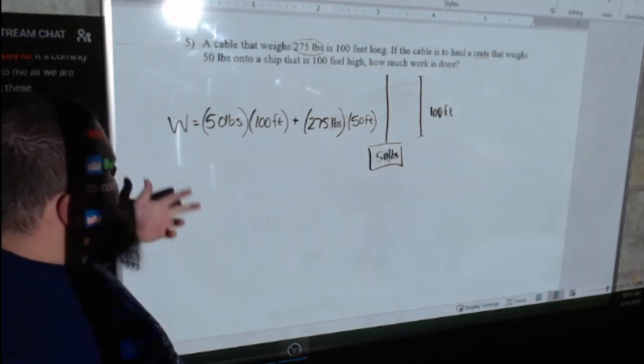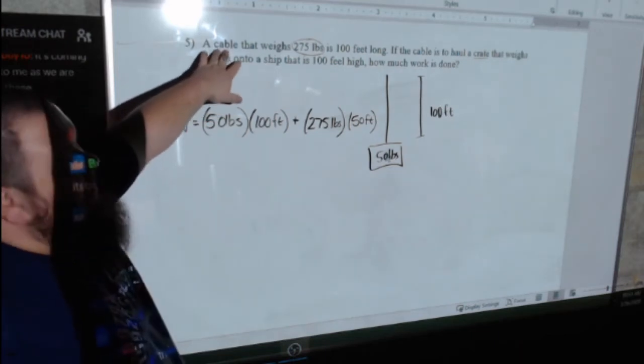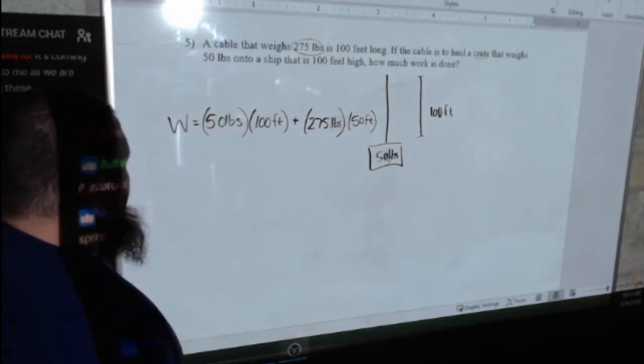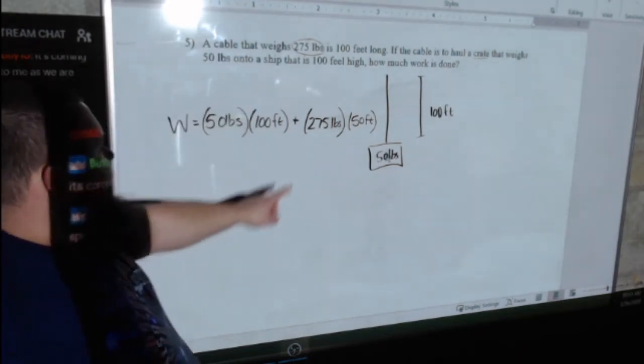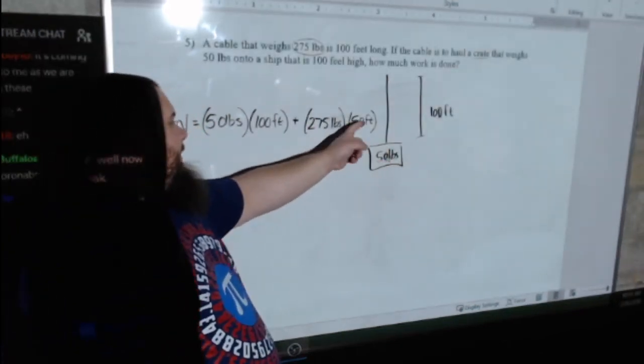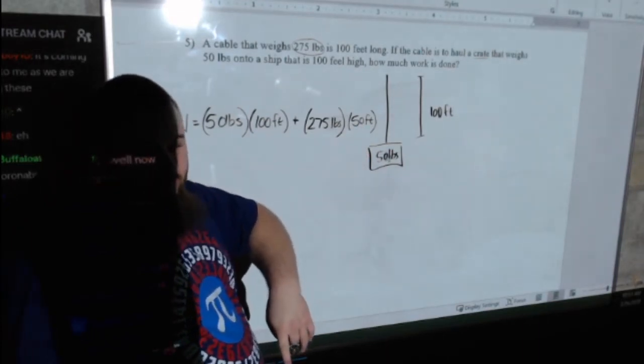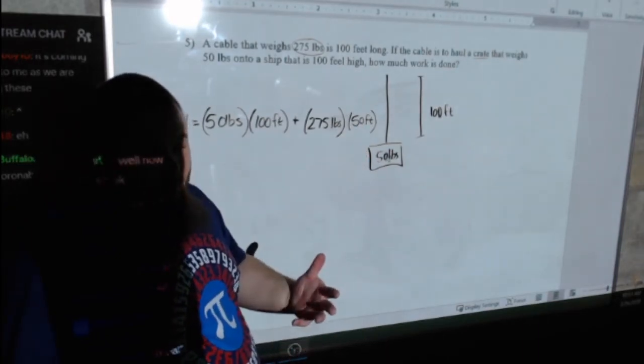Remember all the problems we did before, they gave us the density of the cable or chain or whatever. So we had to multiply it by its whole length to get its weight, and then half the length to get the distance that it travels. But in this case, we don't need all that.